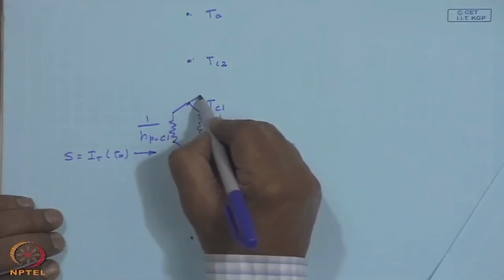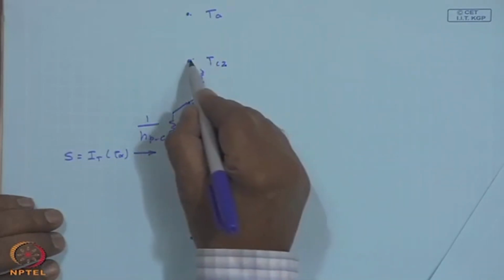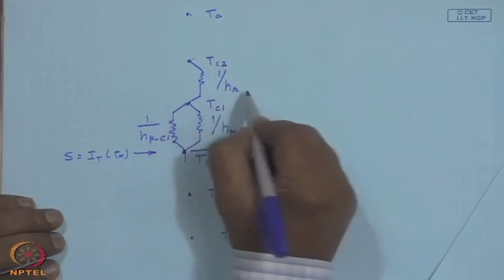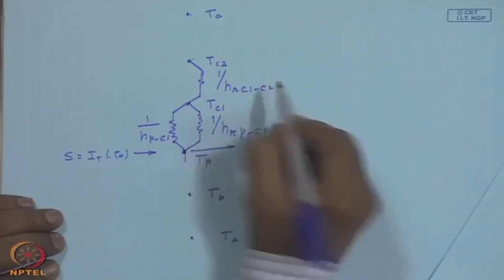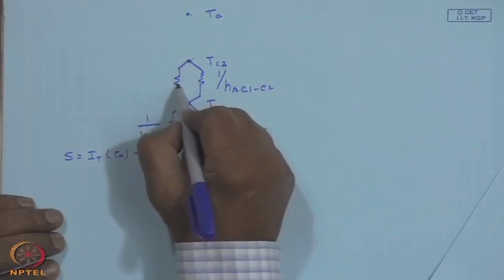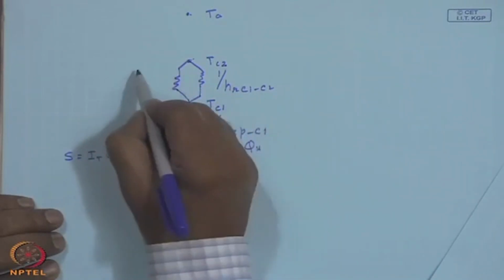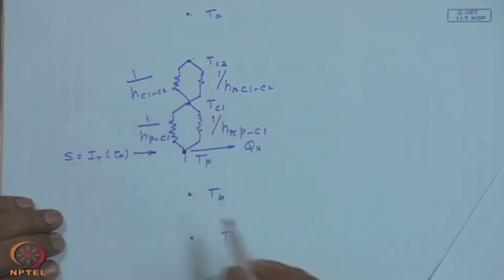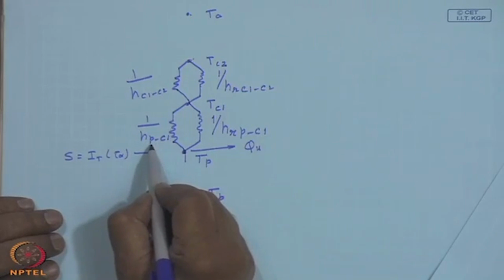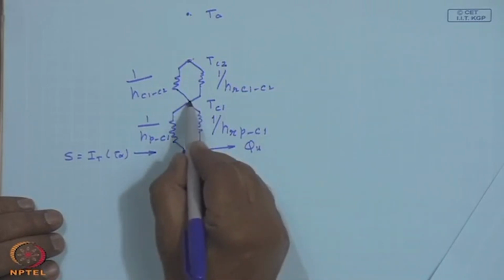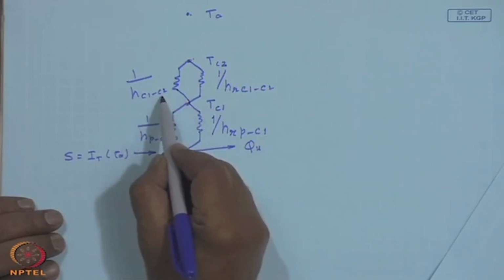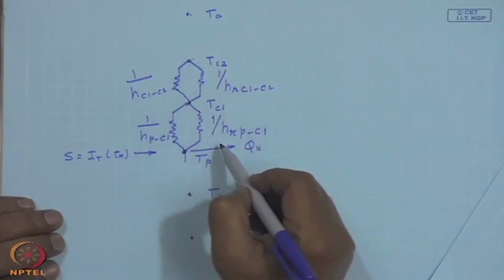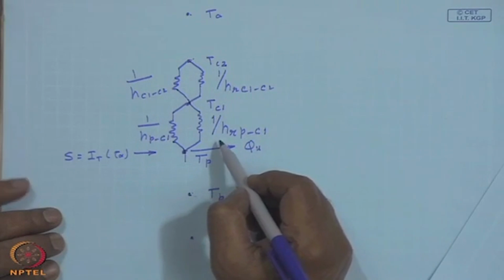Similarly, we have two parallel paths, which is 1 upon H r C 1 to C 2 and 1 upon H C 1 to C 2. In other words, H P 2 C 1 is the convective heat transfer coefficient between the plate and the cover 1, and H C 1 C 2 is the convective heat transfer coefficient between cover 1 and cover 2, whereas the H r counterparts are the radiative heat transfer coefficients.